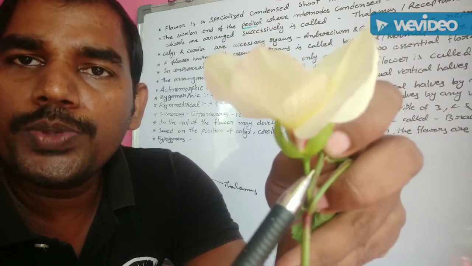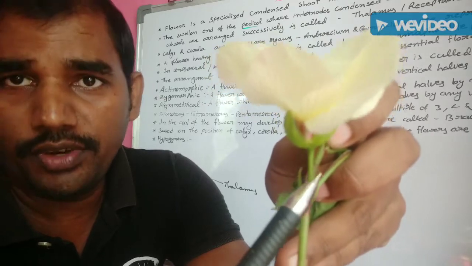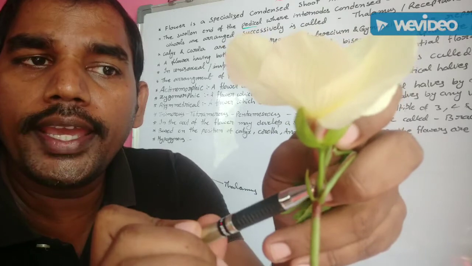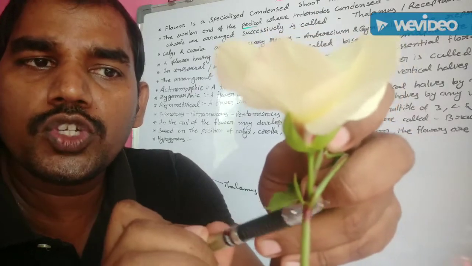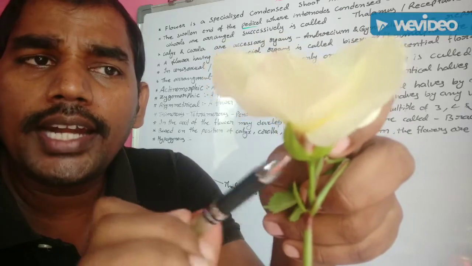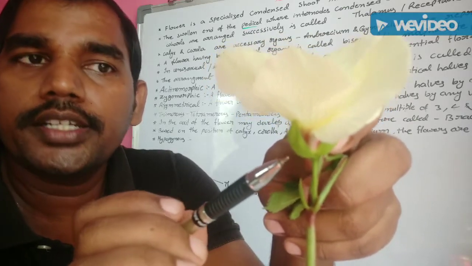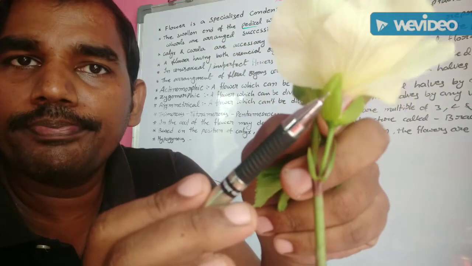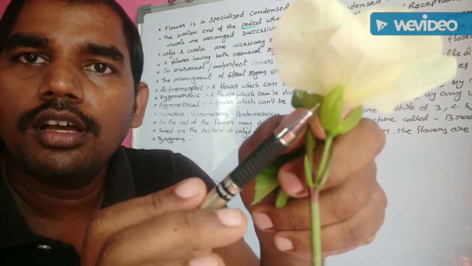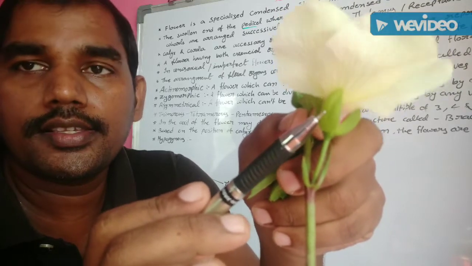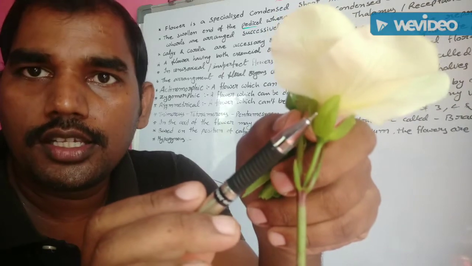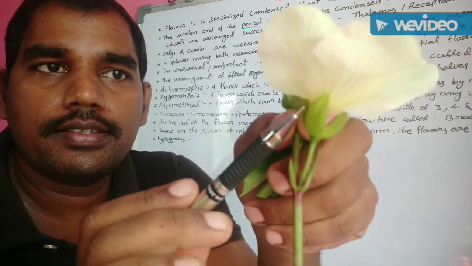When the pedicel is absent, the flowers are known as sessile flowers. The base of the pedicel consists of two small leaf-like structures. These are called bracts. Bract-containing flowers are known as bracteate. Another, the green protecting floral part, is known as calyx. Calyx are sepals.